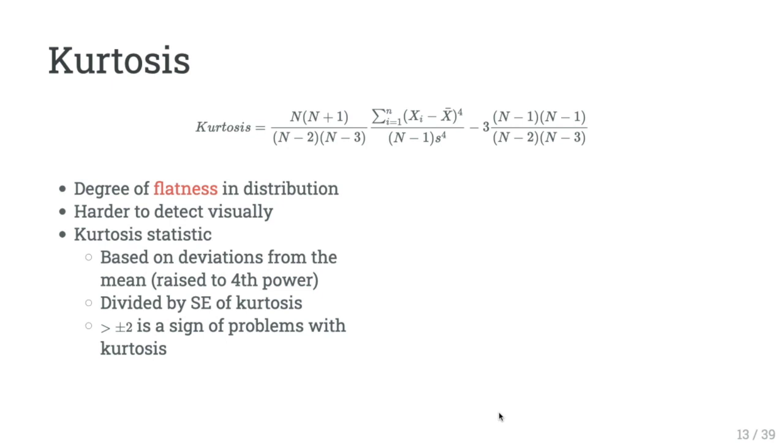The kurtosis statistic itself is based on deviations from the mean raised to the 4th power. It's the math of magic, if you catch my drift. Again, if it's more extreme than a +2 or a -2, it's a sign of problems with kurtosis.